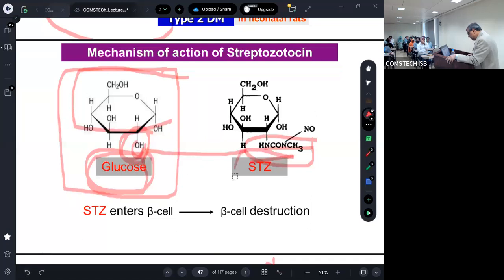See the compound streptozotocin. What are the facts and figures? Some facts, figures and tips. Streptozotocin half-life is very short. So, remember this thing, it should be dissolved in citrate buffer.